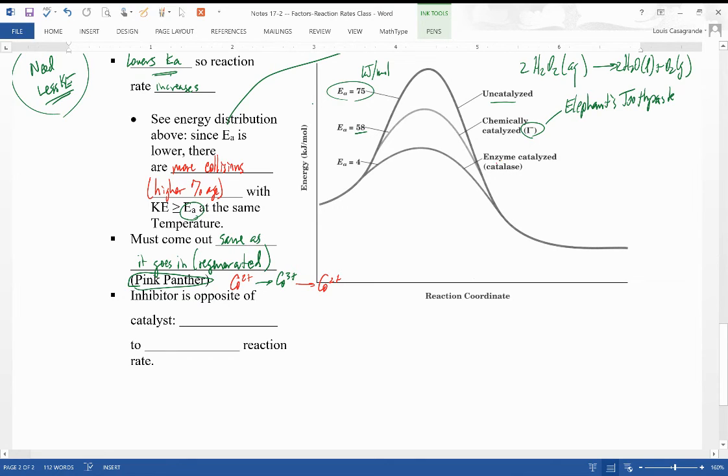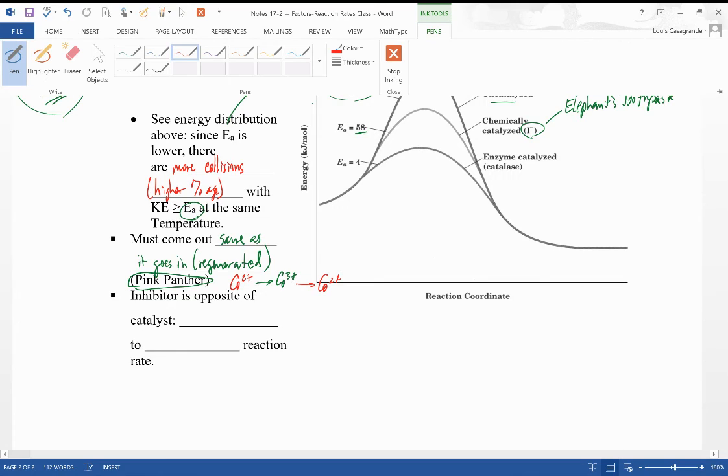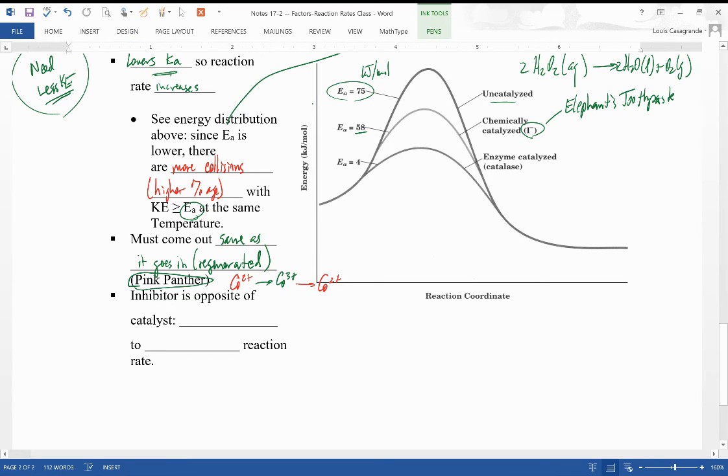So catalysts are able to speed up the reaction by lowering the activation energy. Now, we have something here, a really low activation energy, something called catalase. This was the enzyme that's in liver, and this is what you would have used last year in bio. An enzyme is just a biological catalyst. And the biological catalyst, the enzyme, can do two things. First, it does lower the activation energy.